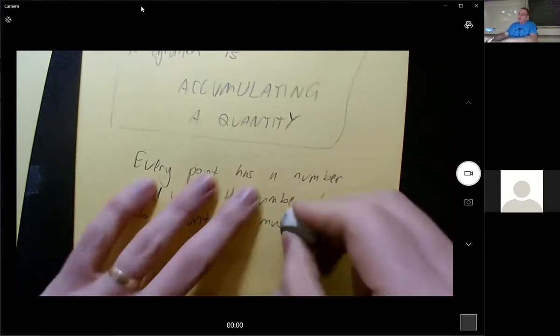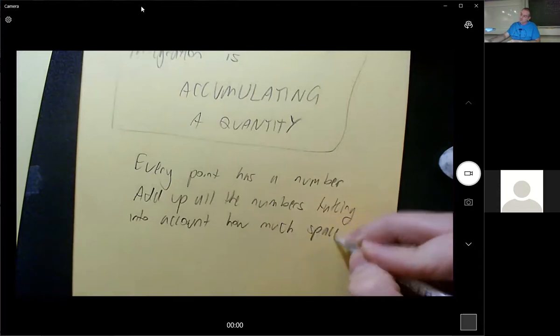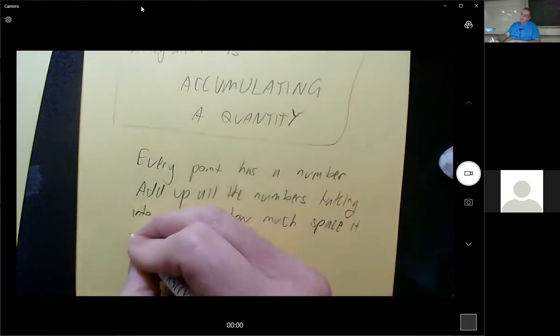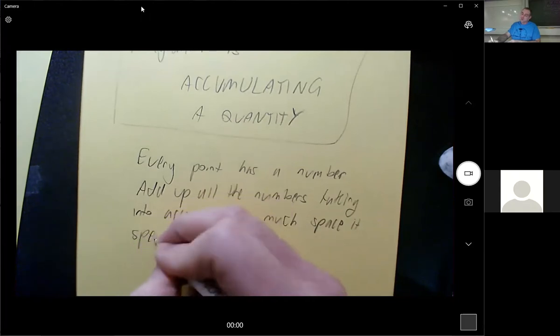Spend is the wrong word, but it's close enough.